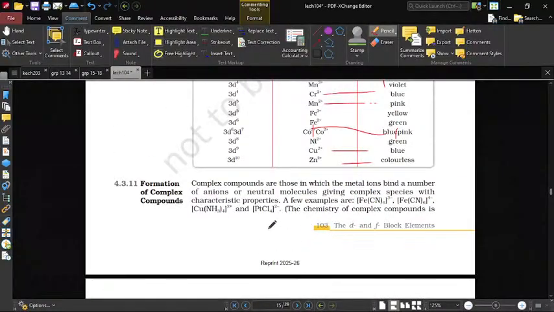Formation of complex compounds. Complex compounds are those in which metal ions bind a number of anions or neutral molecules, giving complex species with characteristic properties. A few examples are Fe(CN)6 3-, Fe(CN)6 4-, Cu(NH3)4 2+, PtCl4 2-.